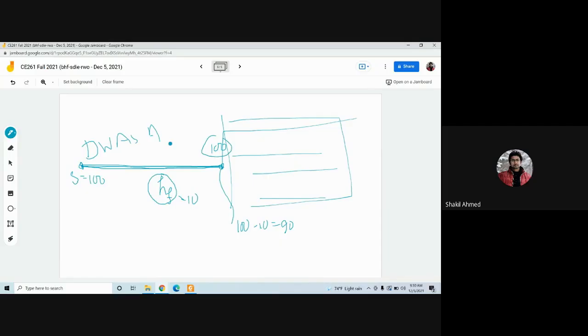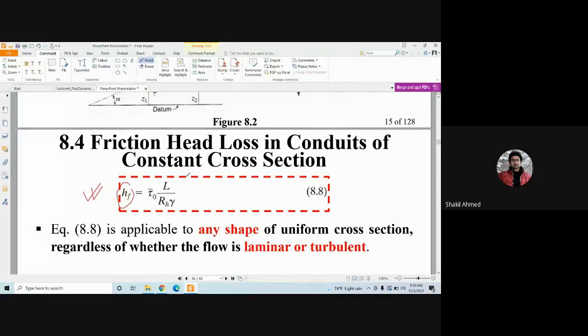Is the design sufficient? No, sir. So you need to provide 110, and then you'll get 100 here. 110 minus 10 equals 100. That's why you need to know this. We are trying to identify this. Any question?